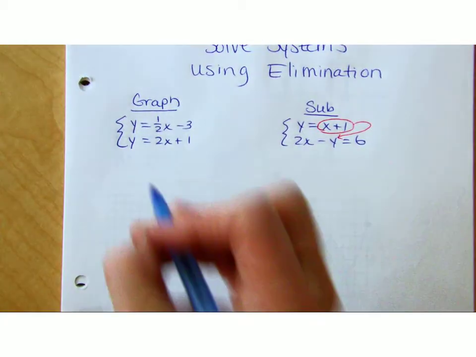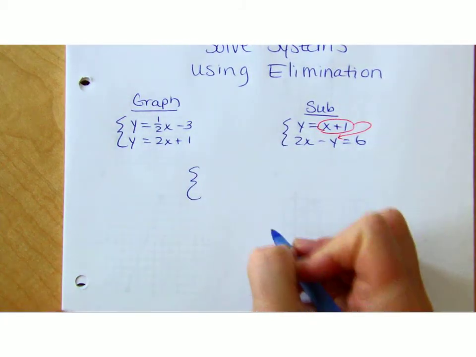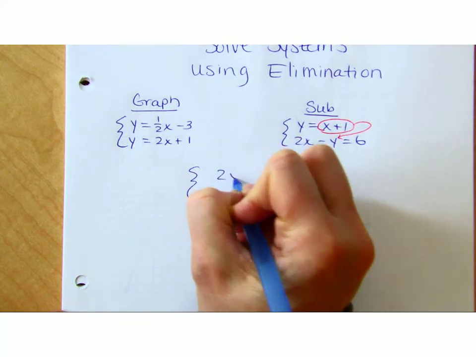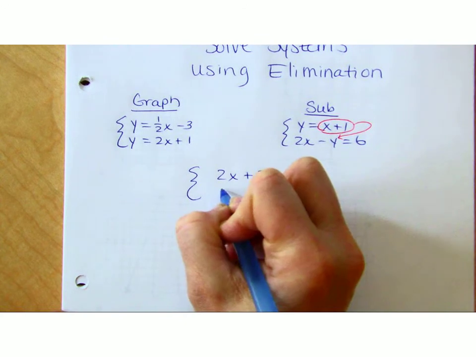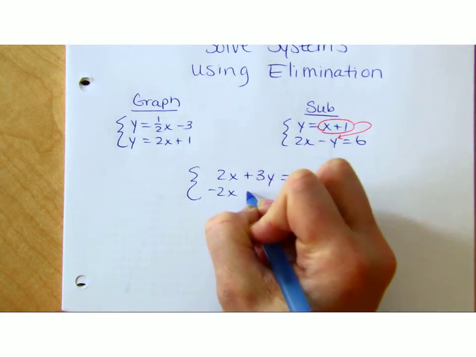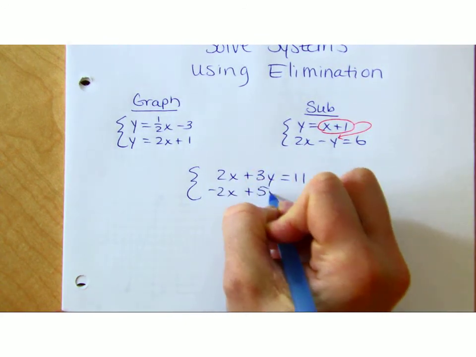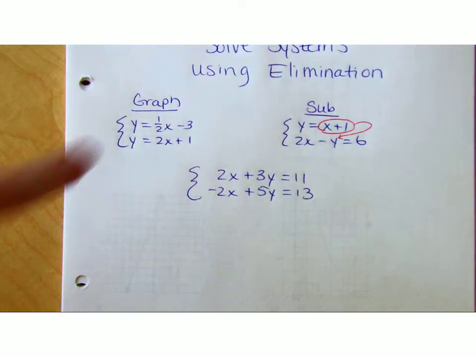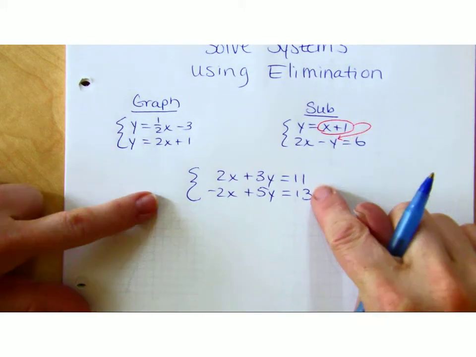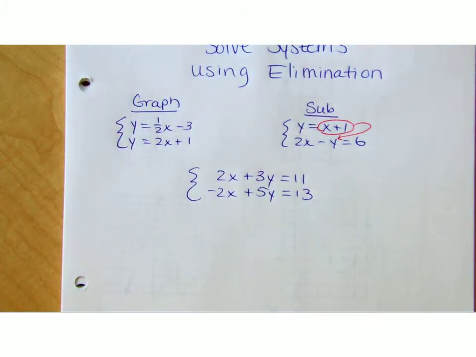So if I give you this system of equations, 2x plus 3y equals 11, negative 2x plus 5y equals 13. And if I were to ask you to solve that today, knowing that you've only learned both of these ways, you would look at that and probably groan.